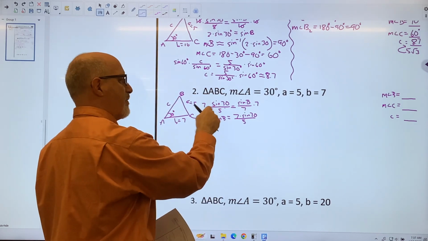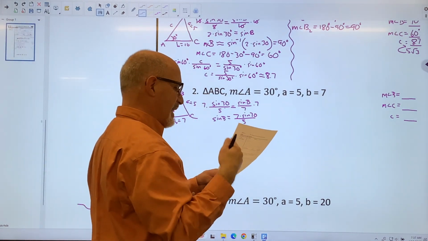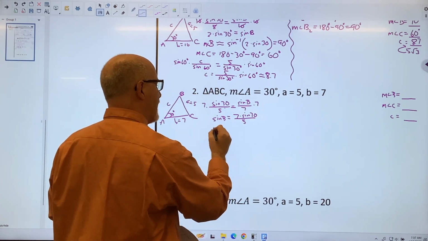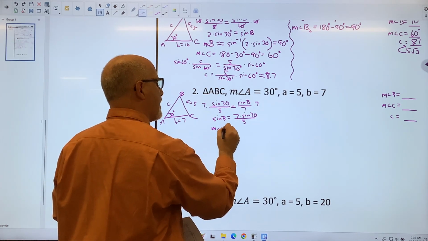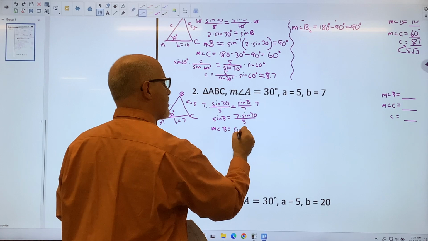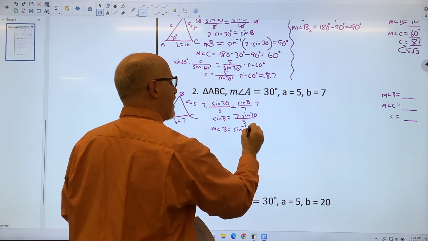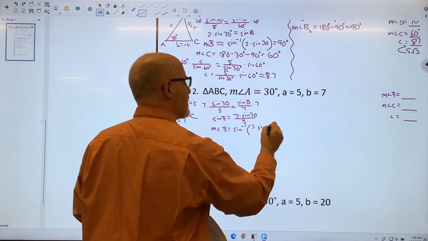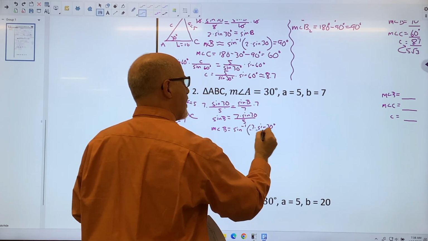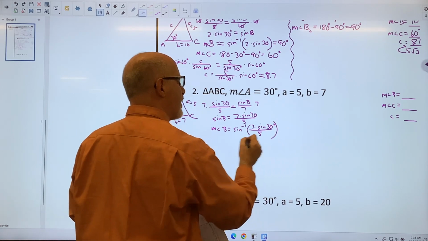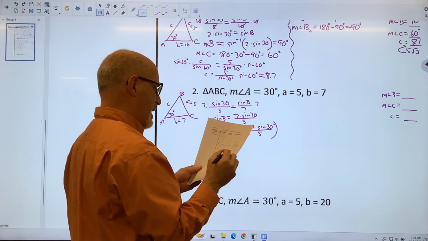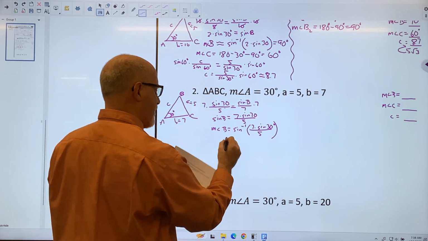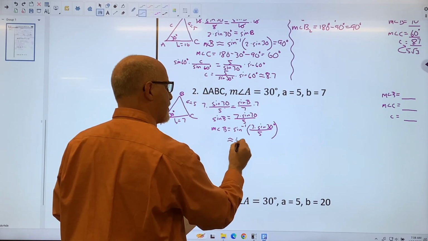Now I'm going to take the inverse sine of that. So the measure of angle B is going to equal the inverse sine of 7 times sine of 30 degrees, all over 5. When I do that on the calculator, I get approximately 44.4 degrees.